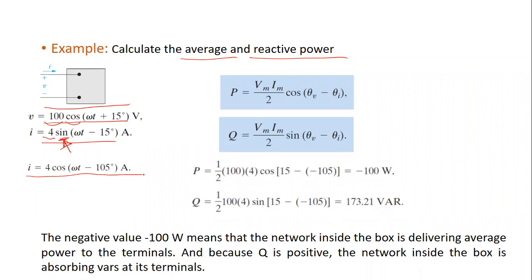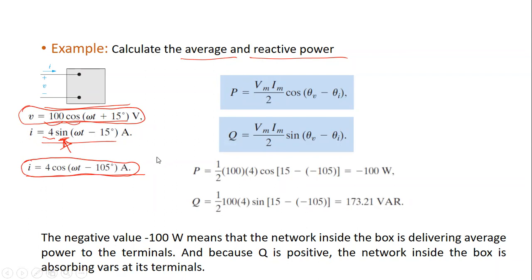So the current then will be given as negative 15 minus 90 degrees, so it will be minus 105. So you need to deduct 90 degrees from this angle in order to convert a sine function to a cosine function. So now this is the voltage that I will deal with, and this is the current I will deal with. If you are using this angle, everything will be wrong.